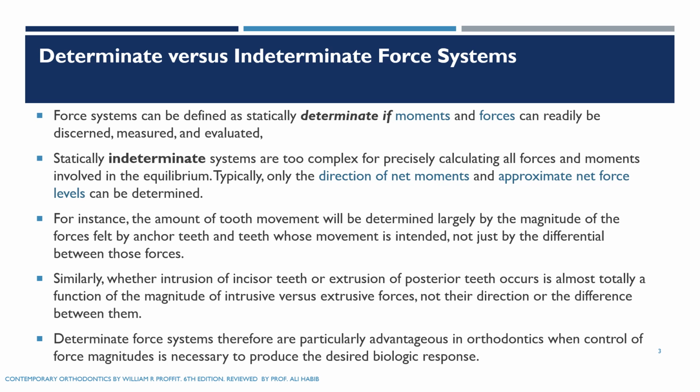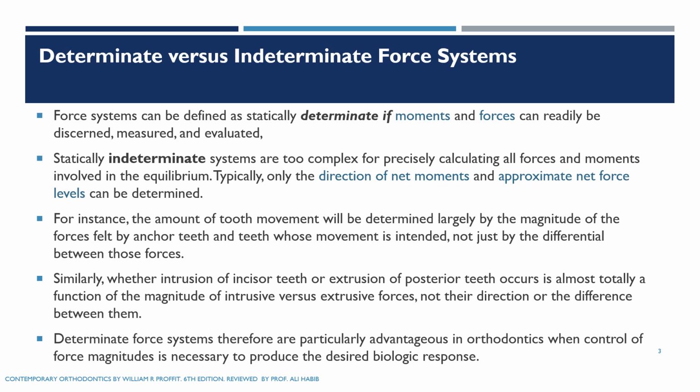So what's the difference between determinate and indeterminate? A system is determinate if moments and forces can readily be discerned, measured, and evaluated. If you can measure the moments and the forces in your force system, then you can consider it determinate.